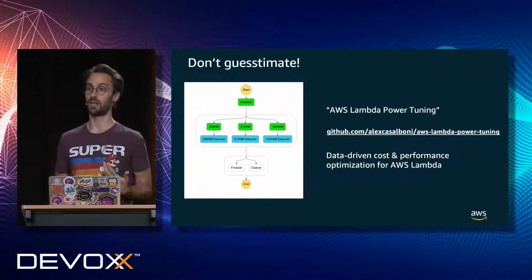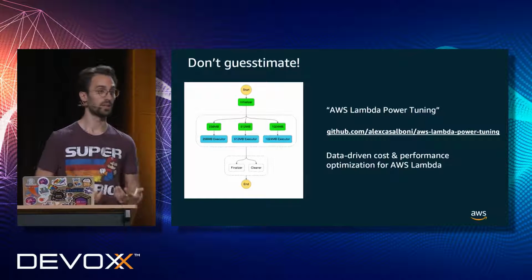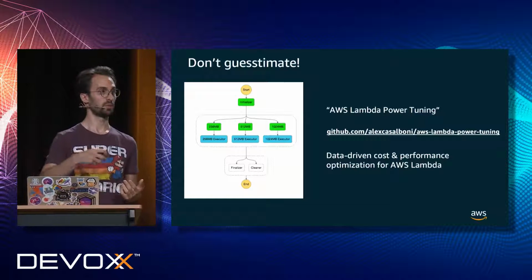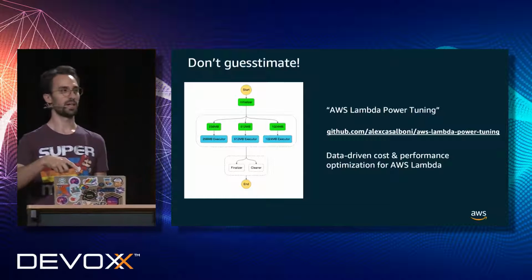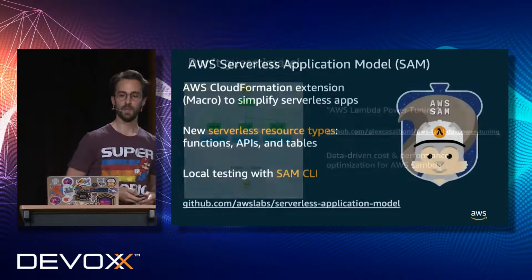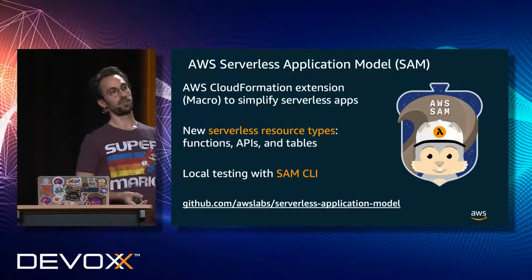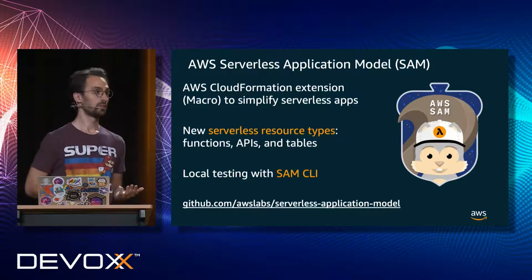And many customers are actually using this as part of their continuous integration, continuous delivery pipeline. So they update the code, build the artifact, optimize it for cost, and then deploy to production or staging or development. If you want to use infrastructure as code, that's also available with CloudFormation.